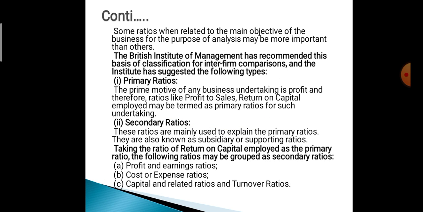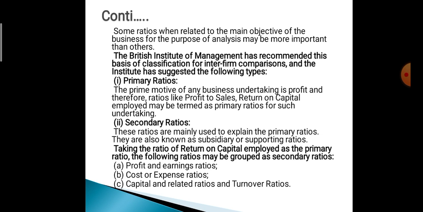Once again, the prime motive of any business undertaking is profit, and therefore ratios like profit to sales and return on capital employed may be termed as primary ratios. Secondary ratios are mainly used to explain the primary ratios.